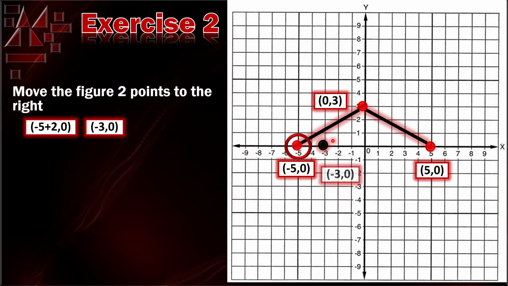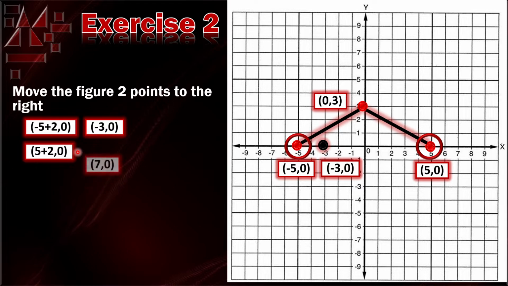Let's see this other point here, 5 and 0. We'll do the same. We have 5 plus 2, and it will be 7 and 0. So the new point will be here. We can move it here, 1, 2, 7. And the last one we can do in a different way.